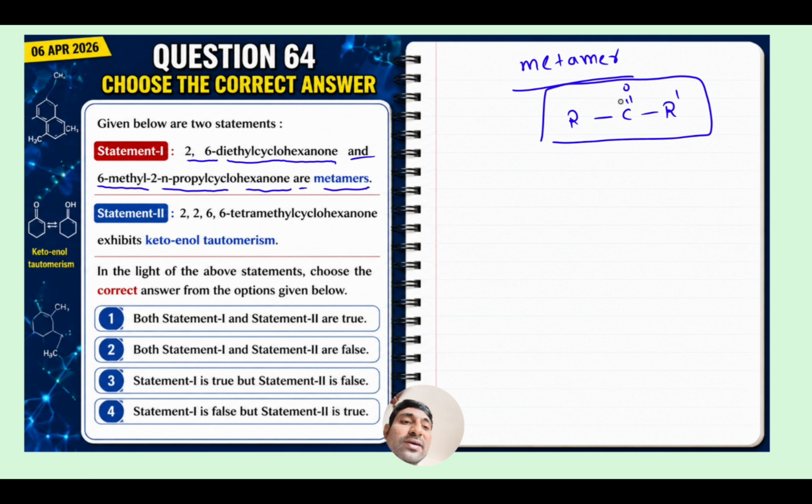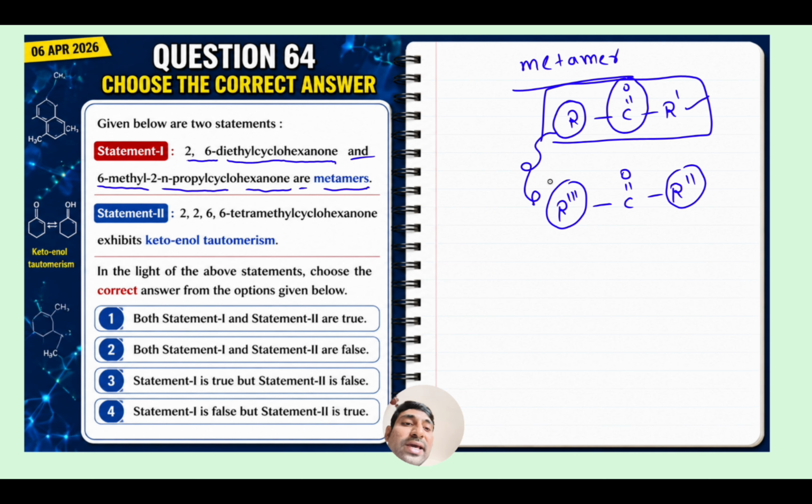Here C=O is a ketone, with R and R' alkyl groups on either side. If the formulas of two compounds are the same but the attached alkyl groups are different, then those are called metamers.